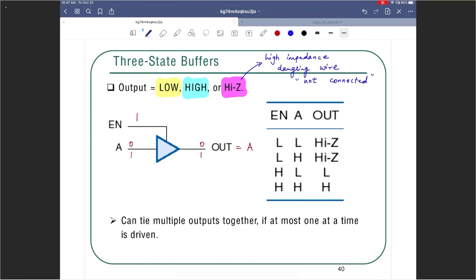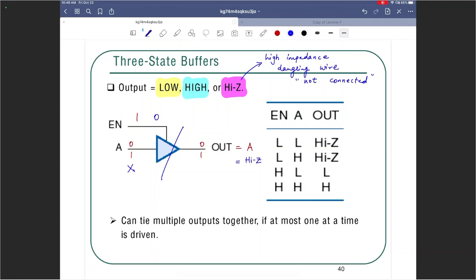The other possibility is enable being 0. So if the tri-state buffer is disabled, then no matter what A is, the output is going to be in the high impedance state. It is going to be a dangling wire, which means just imagine like a physical disconnect of that output wire from the buffer itself.